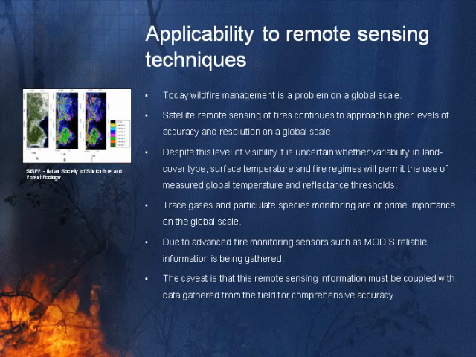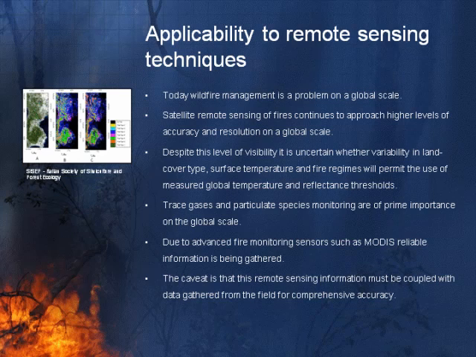We're about to look into that. Despite this level of visibility, it's uncertain whether variability in land cover type, surface temperature, and fire regimes will permit the use of measured global temperature and reflectance threshold, meaning there's an area of uncertainty, because you're trying to see an infrared signal that might not be a fire. It might be something else. So you have to correlate it with ground truth, as usual.